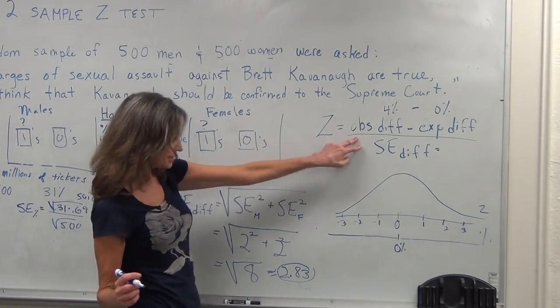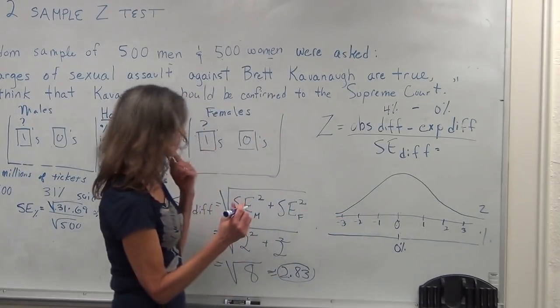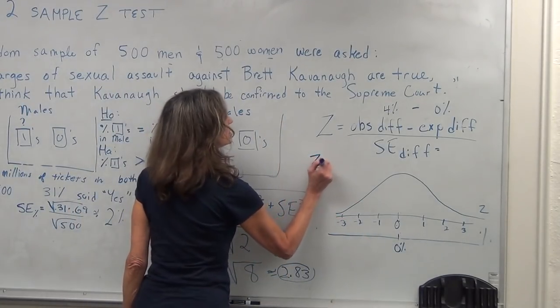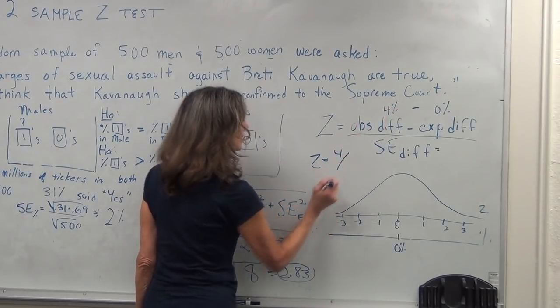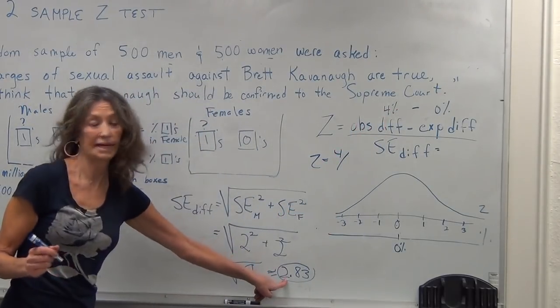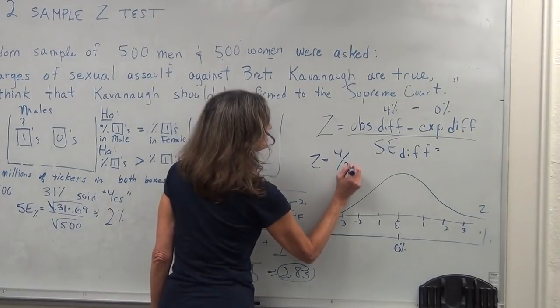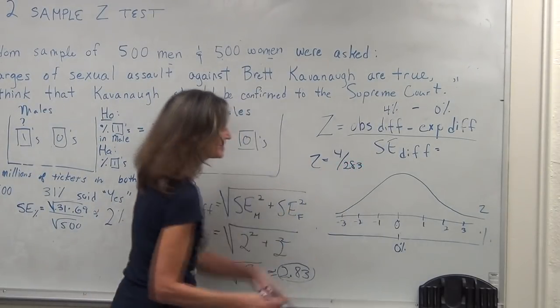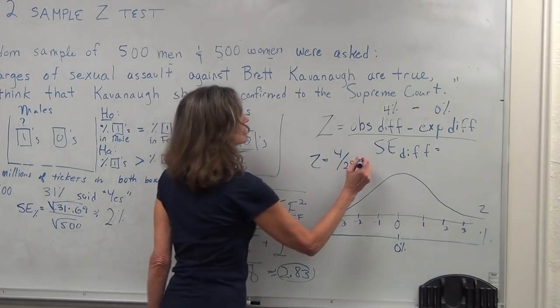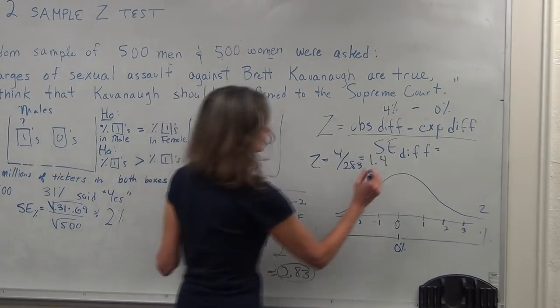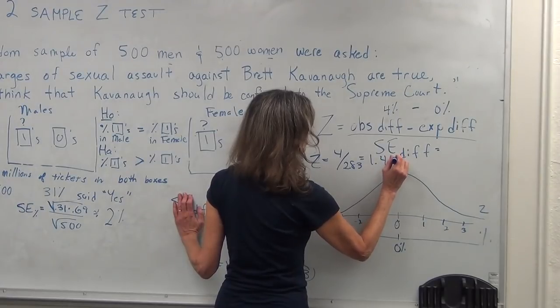So that's what's going to go in the denominator here. So this test statistic, our z-score, is what? Z equals 4 minus 0, 4 divided by 2.83. So now as soon as you see this, you know where that 4% is going to be on this curve. This is equal to 1.41.